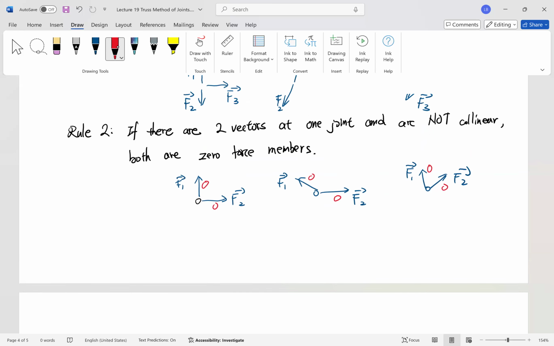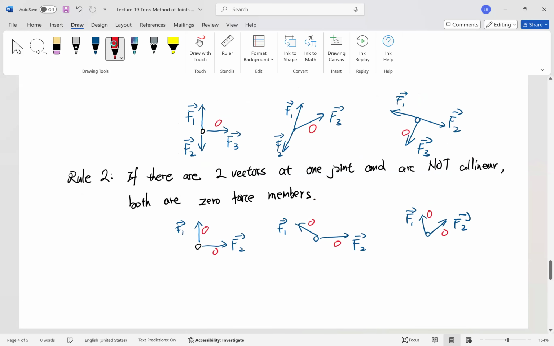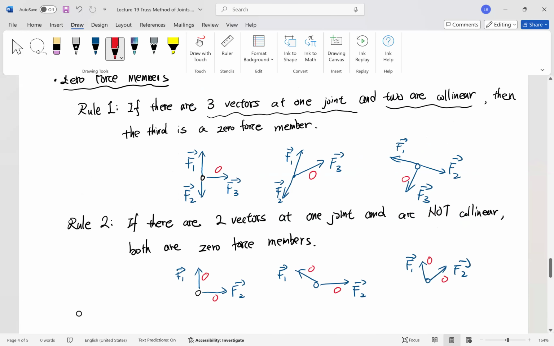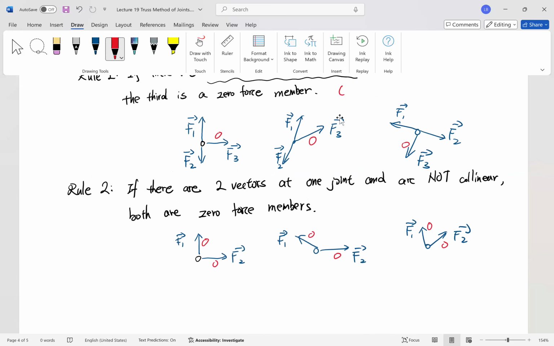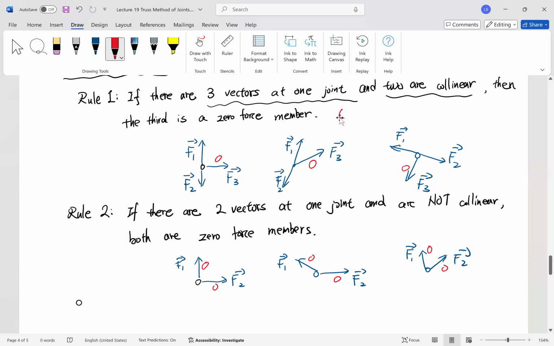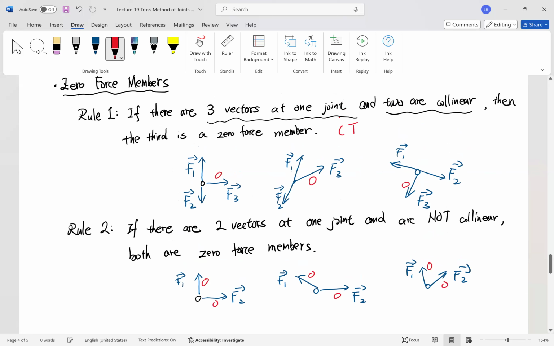And how to understand that? Note that for rule one, we can call it T pattern. And for rule two, we can call it V pattern.